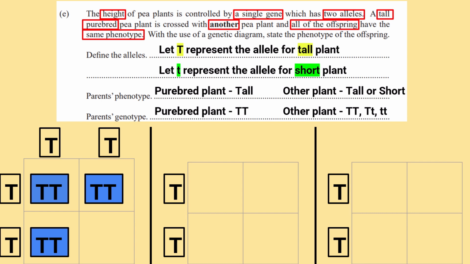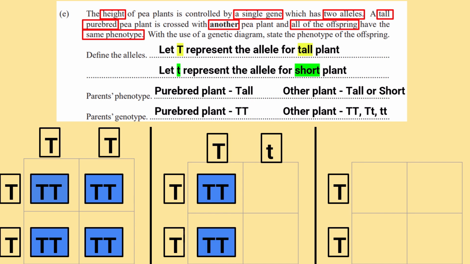Here, all of the offspring produced will also be homozygous with the genotype big T, big T. All of the offspring produced will be tall plants. In the second Punnett square, we will cross the purebred tall plant with another tall plant, but this time that tall plant will be heterozygous with a genotype big T, small t.